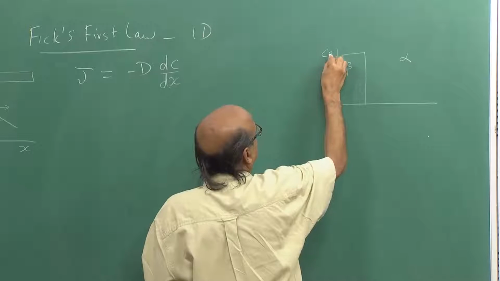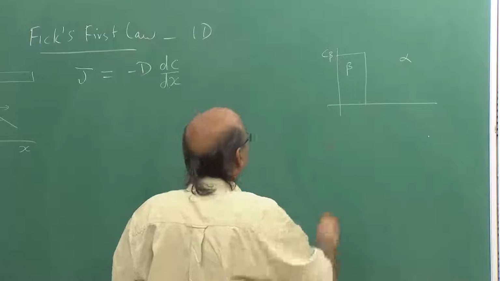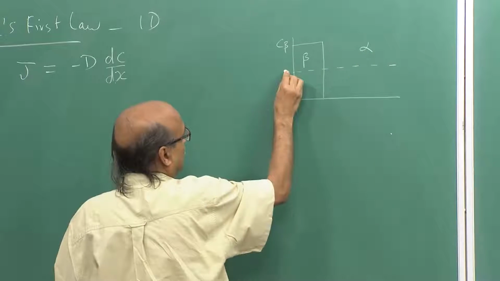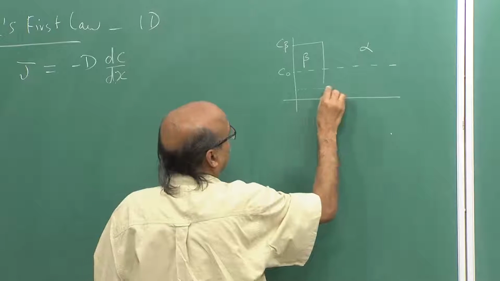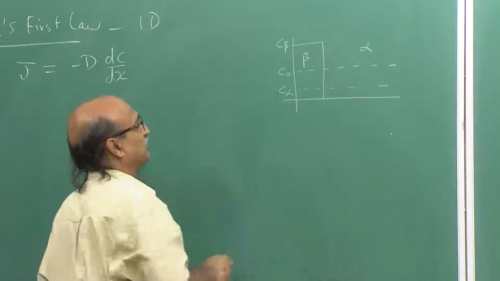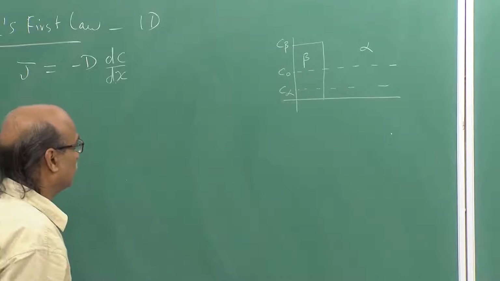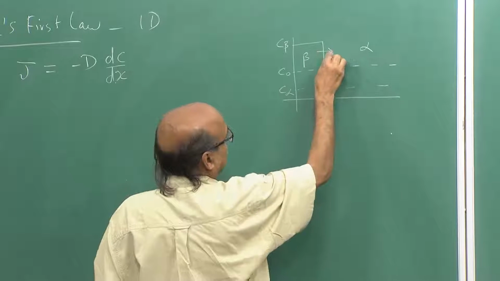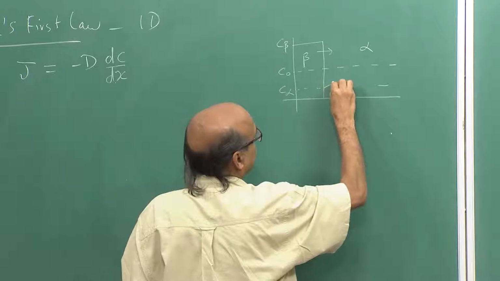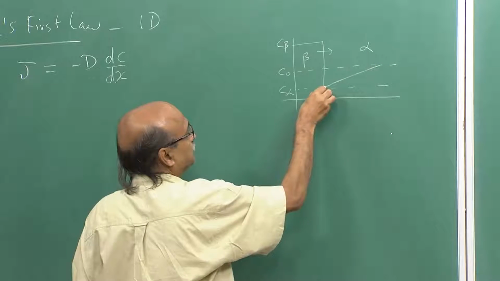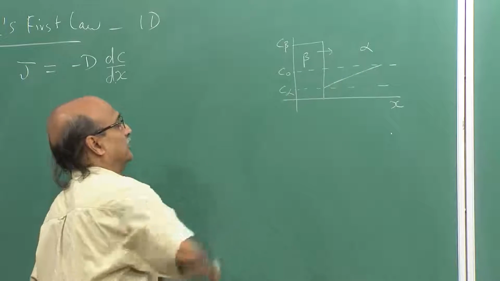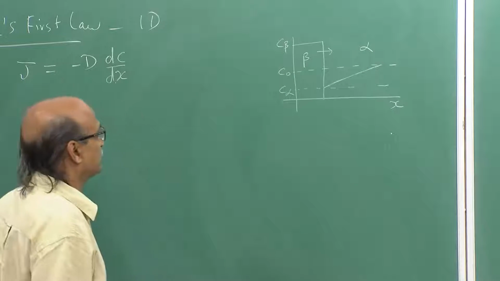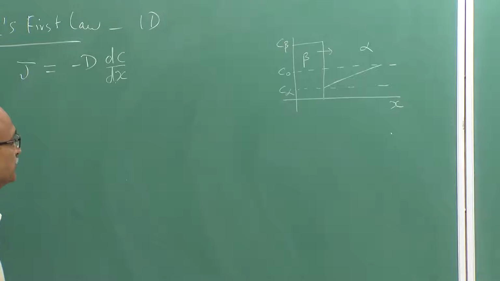So, beta precipitate has a concentration of C beta, concentration far away from the beta into the alpha is C naught, while the equilibrium concentration at the given temperature of alpha is C alpha. So, here inside alpha, beta is growing in this direction, and inside alpha there is a concentration of the solute atoms given by this line. Here we had assumed that this was a linear relationship for simplicity.